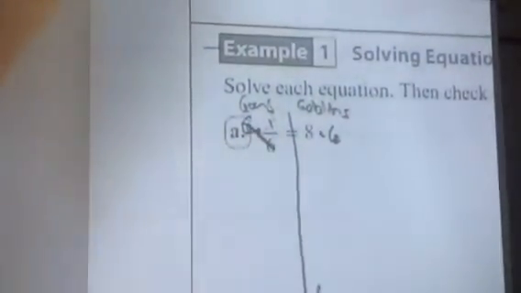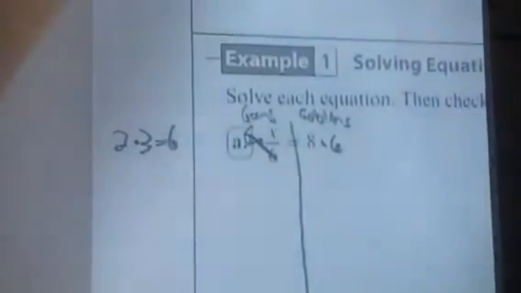Now what happens right here is these 6's cancel out. Here's why. This is just to show you why these 6's cancel out. If I've got a 2, if I multiply that 2 by 3, I get 6. And then if I take that 6 and divide it by 3, I'm going to get the 2 that I started out with.